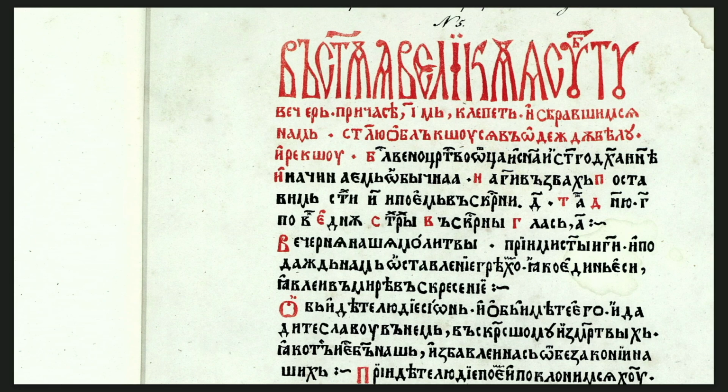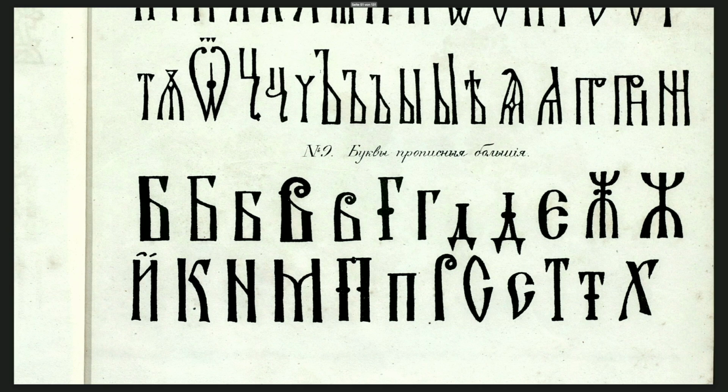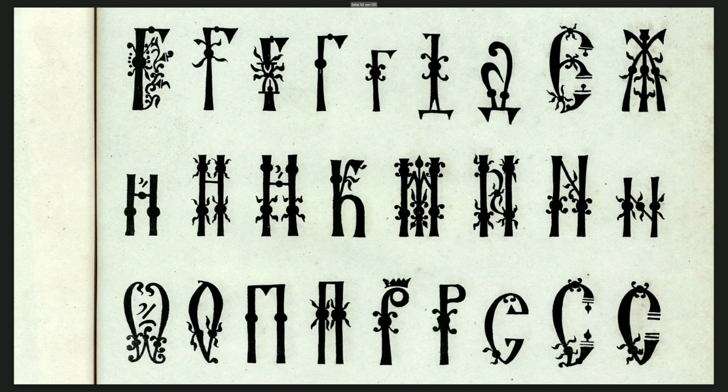There are similar things in Latin manuscripts as well, but I think it's really cool. Lots of ligatures, a lot of titling, and there have been quite a few experiments and research recently to make that kind of script happen.